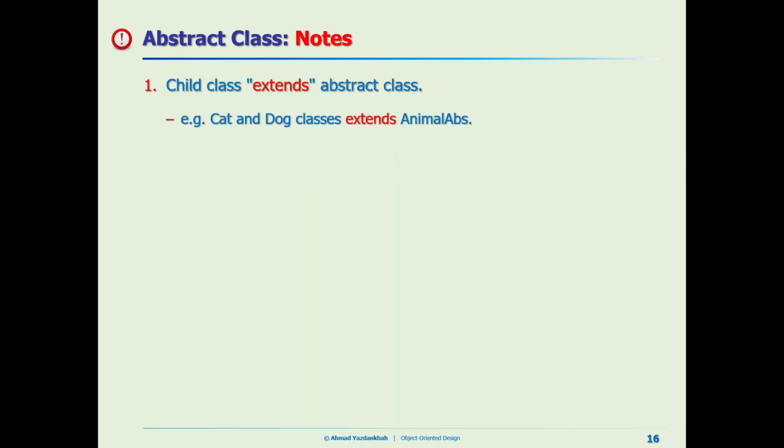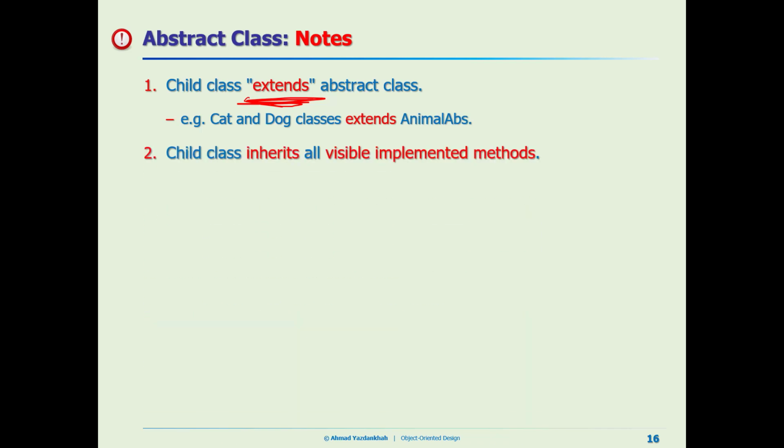As you saw, the child class extends the abstract class. In other words, the child classes, let's say Cat and Dog, and the abstract class, let's say Animal, have an is-a relationship. So whatever we said in the inheritance lecture is applicable here as long as we use the extends keyword.